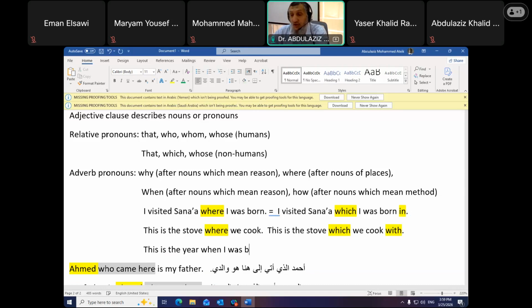Remember, we don't use prepositions here. Equals, similarly to this, which I was born in.